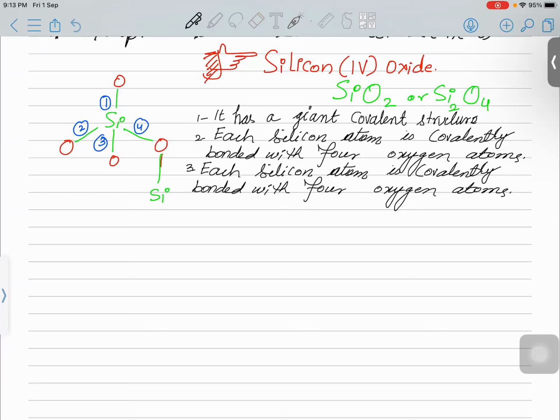Two. Very good. Each oxygen atom is covalently bonded with two silicon atoms.